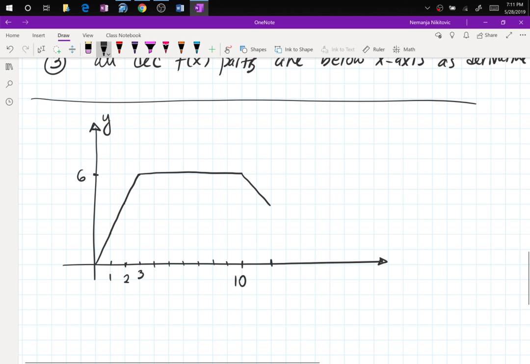Then I dropped 2 units to 12. Went flat to 15. And then dropped down into 19 on the x-axis. So this is my f of x.